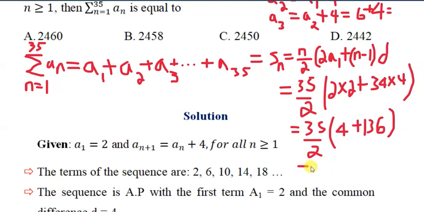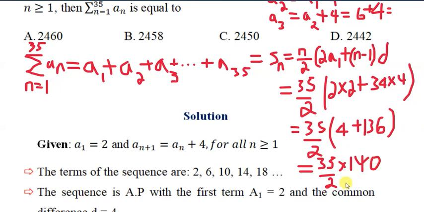And here we have 35 divided by 2, 35 divided by 2 times the sum of the numbers in the bracket. 4 plus 136 gives us 140.